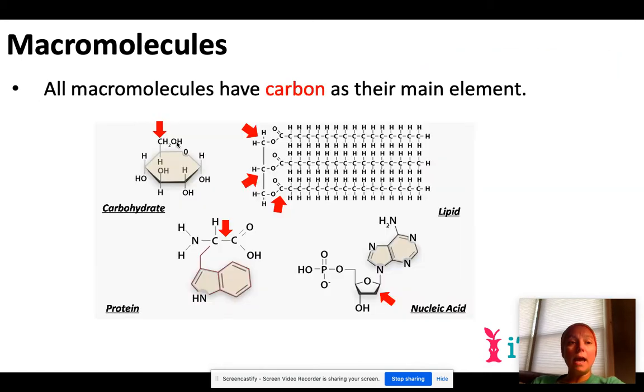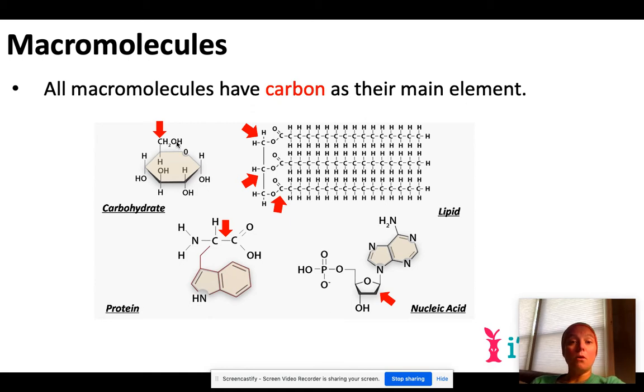When we look at macromolecules, the big important element is carbon. Carbon will always be found in a macromolecule. If you remember back in physical science when we learned about atoms, we learned about carbon.